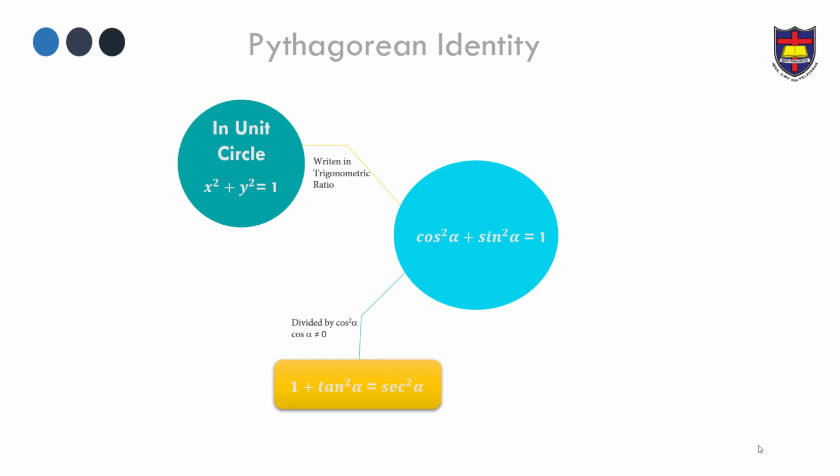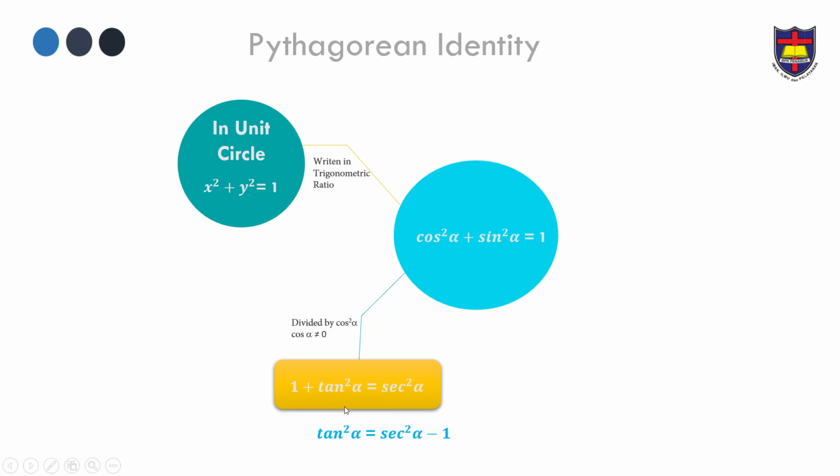Then, with this identity, we can have some formulas ahead. The first one, if you divide this identity by cos square alpha, for which cos alpha is not 0, then we will have cos square alpha divided by cos square alpha, which is 1, plus sine square alpha divided by cos square alpha, which is tangent square alpha, and 1 divided by cos square alpha becomes secant square alpha.